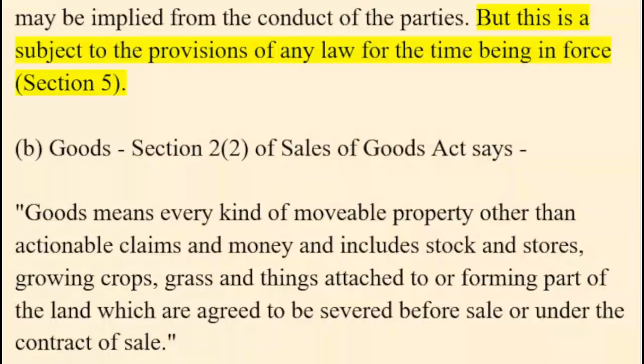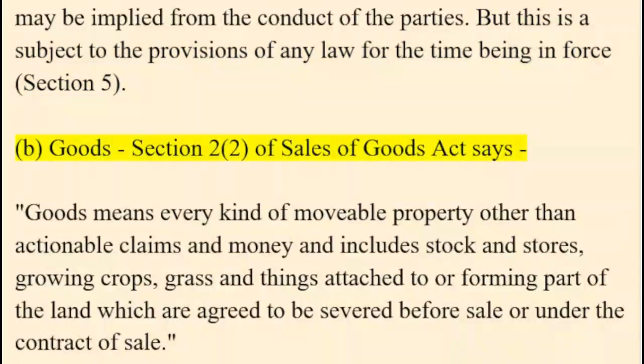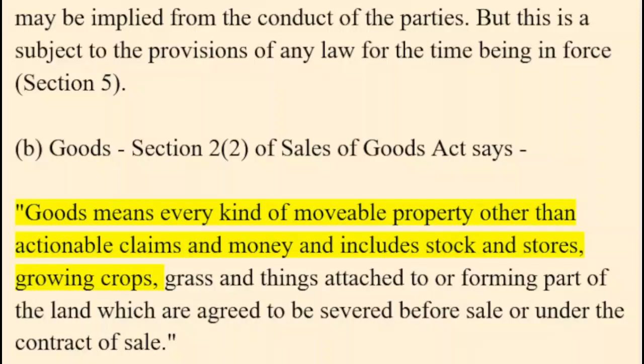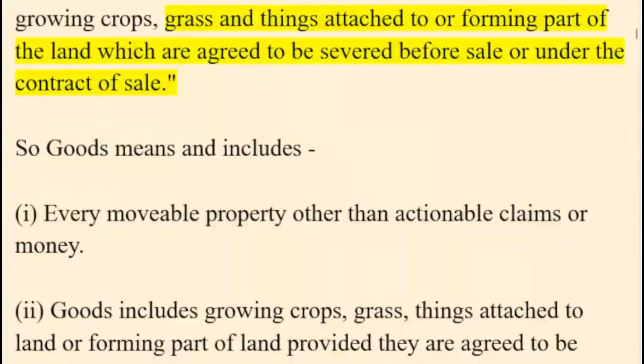Section 5. B. Goods. Section 2 of the Sale of Goods Act says, goods means every kind of movable property other than actionable claims and money, and includes stock and stores, growing crops, grass and things attached to or forming part of the land which are agreed to be severed before sale or under the contract of sale.